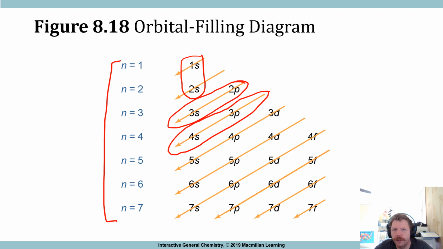Then, after you've filled the 4s orbital, you'll fill the 3d orbital, the 4p, and the 5s orbital. Okay, then the 4d, 5p, 6s, the 4f, 5d, 6p, 7s, then the 5f, 6d, 7p, finally the 6f, 7d, and 7f.